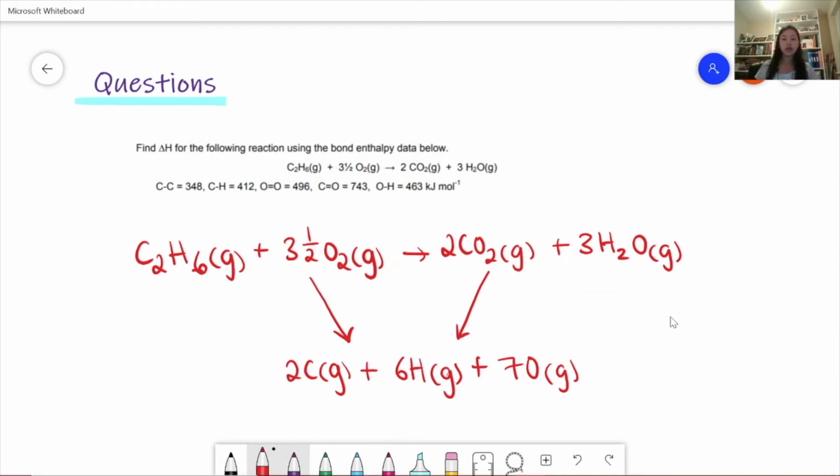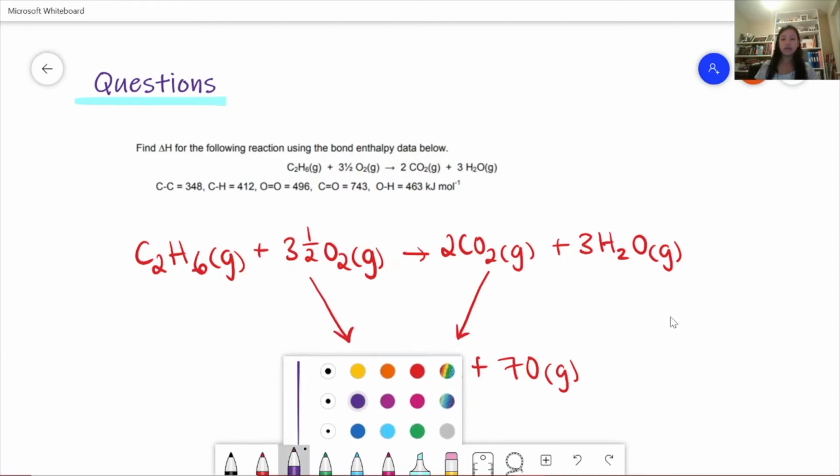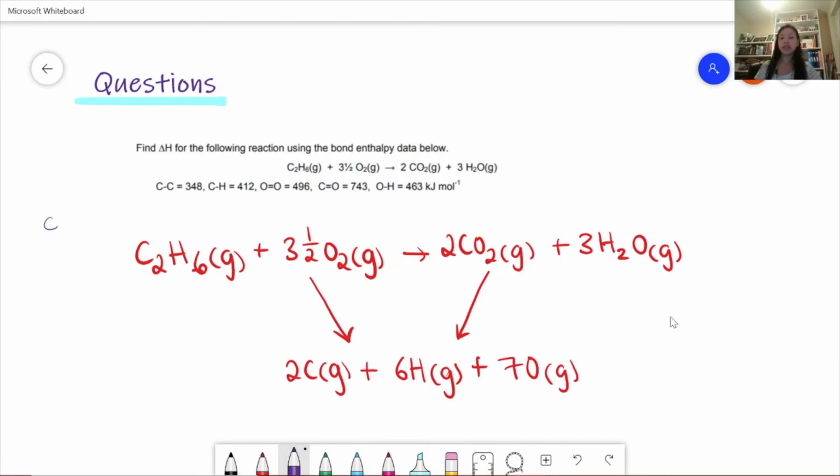And now I like to draw out the molecules. So we've got C2H6 here. And we have 3.5 oxygen double bonds. So we've got 1, 2, 3.5. And then we've got 2 carbon dioxides.